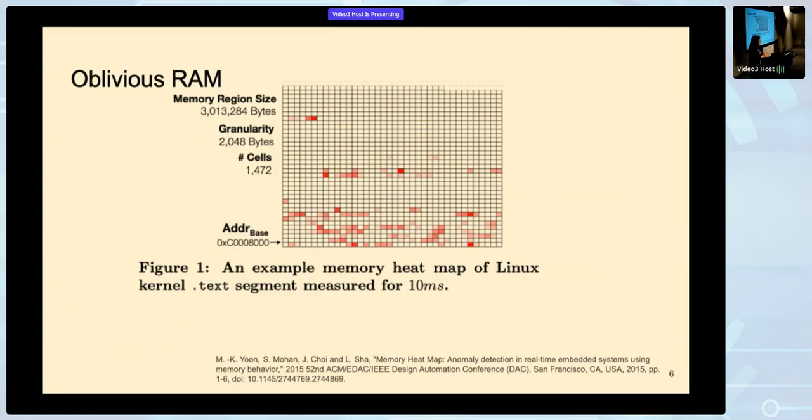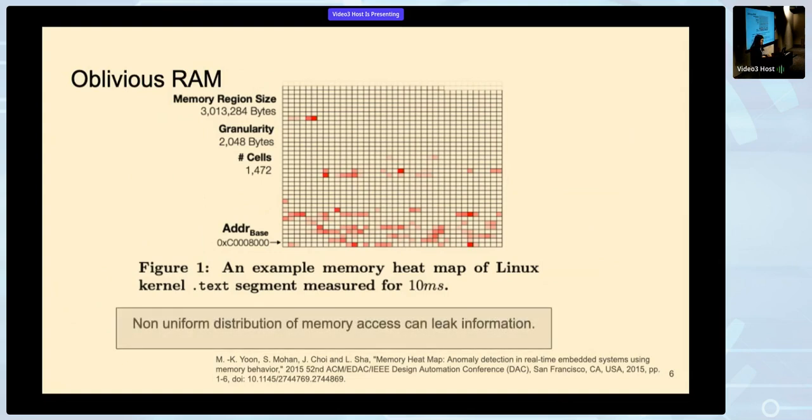For example, it sees that this location gets accessed on a periodic timeline, so maybe at the next period T it will infer that this location might be the next one accessed. So program execution can leak quite a bit of information with ordinary RAM. This is not good. And so we claim that a non-uniform distribution of memory accesses can leak information.